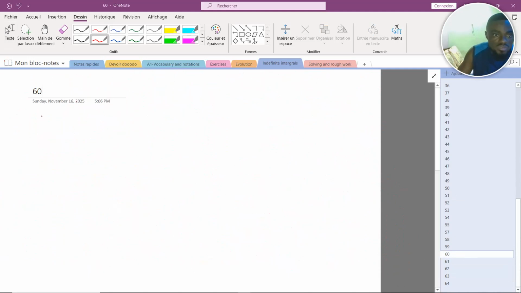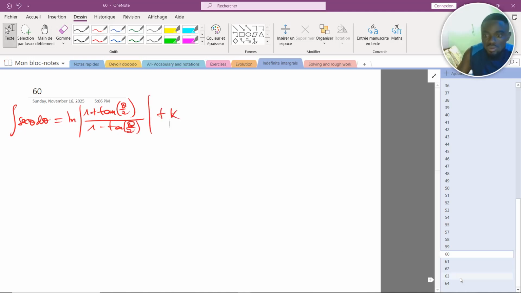So we had that, finally, the integral of sec theta d theta was finally equals to the ln of the absolute value of 1 plus tan theta on 2 all over 1 minus tan theta on 2 plus our constant of integration.